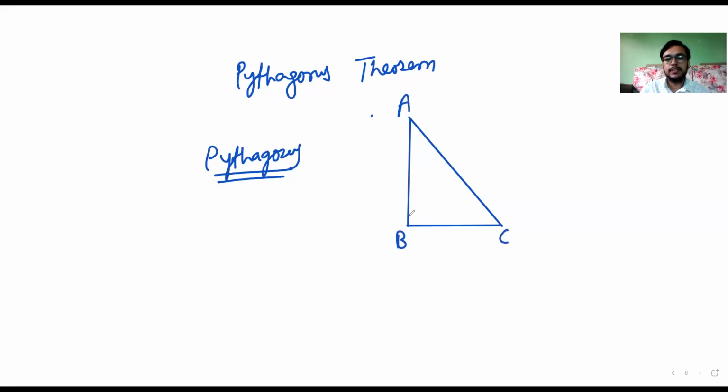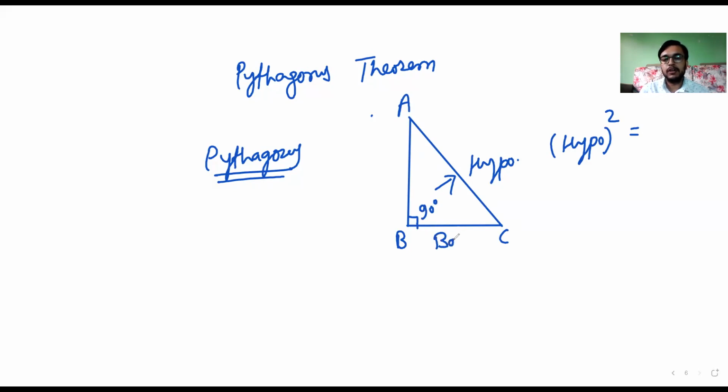In triangle ABC, angle B is 90 degrees, and the side opposite to 90 degrees is called the hypotenuse. Now, the Pythagoras theorem states that in a right angle triangle, the square of the hypotenuse is equal to the sum of the squares of the remaining two sides.